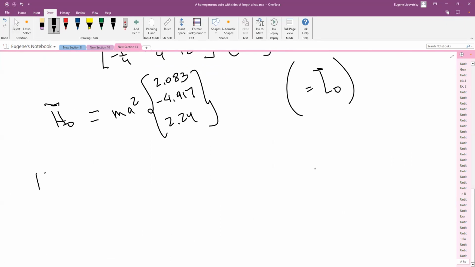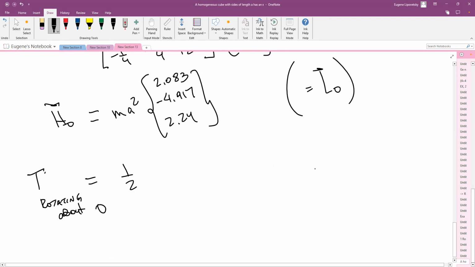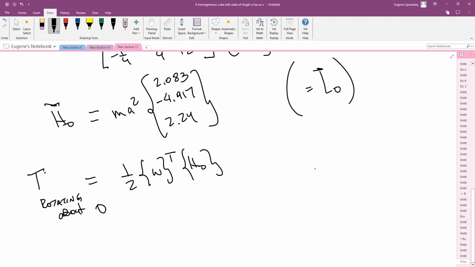Kinetic energy rotating about O is equal to 1/2 of omega transpose times the HO vector.